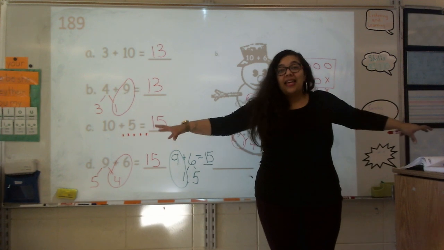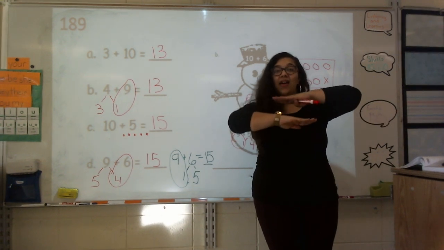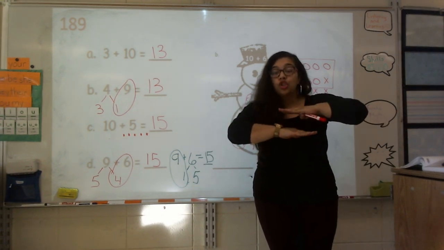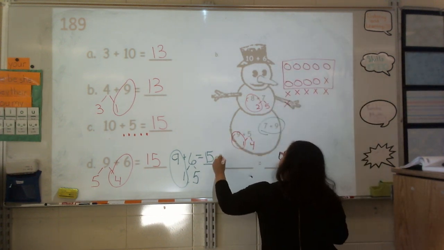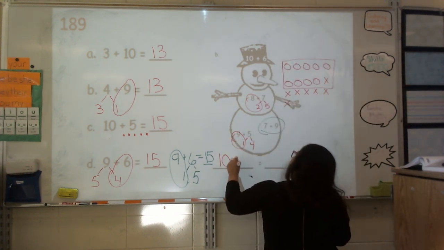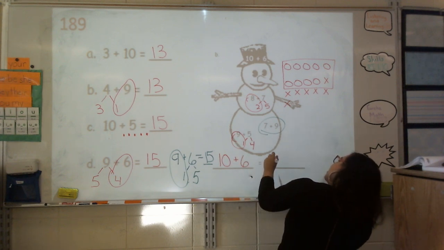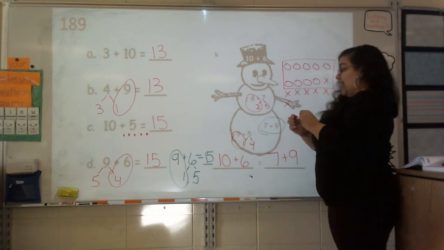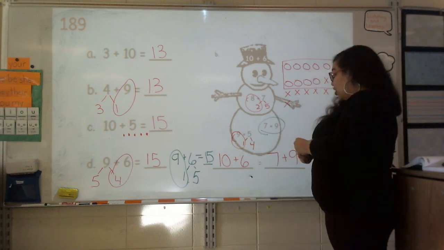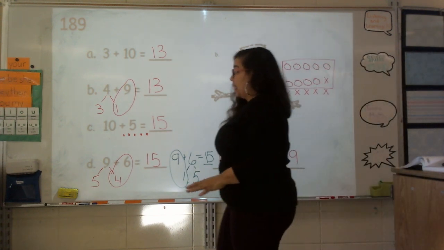Each side needs to have the same value. They need to be equal to one another, okay? So this reads as 10 plus 6 is equal to 7 plus 9.